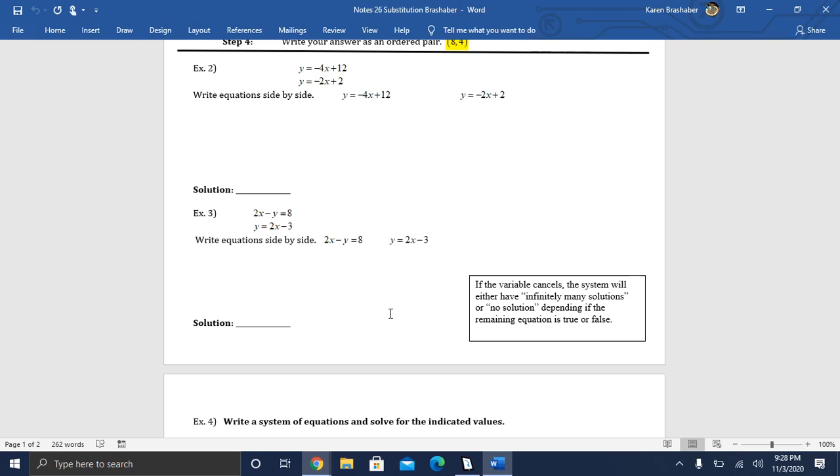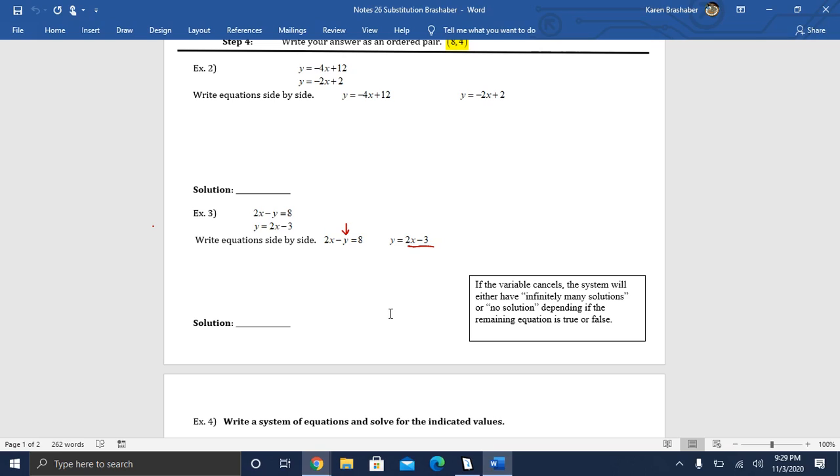Some of this is about making good decisions. So I have an equation right here that already has a variable by itself. I have y equals. So I can take the expression 2x minus 3, I can take that part of the equation, which is equivalent to y, and substitute it in place of the y in my other equation.